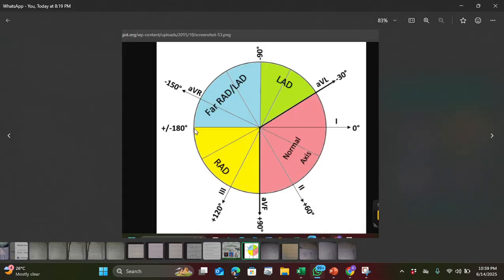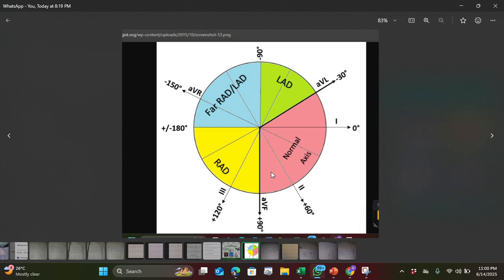You go to your chart. In this chart, you check which two leads are close to plus 60 and minus 120. The one close to plus 60 is lead 2, and the one close to minus 120 is AVR, which is minus 150. So you check those two leads.